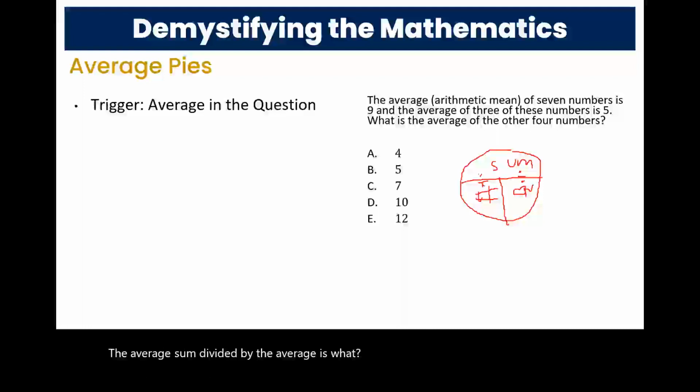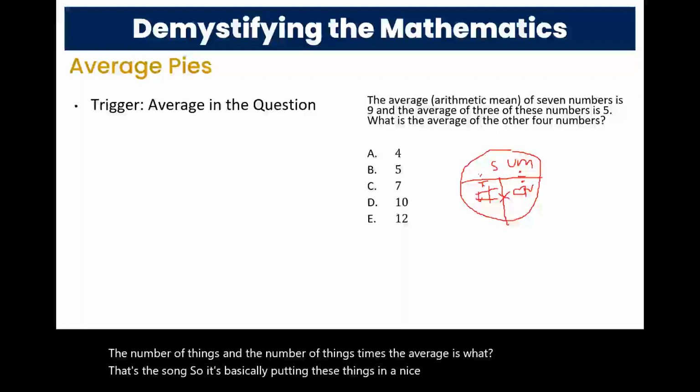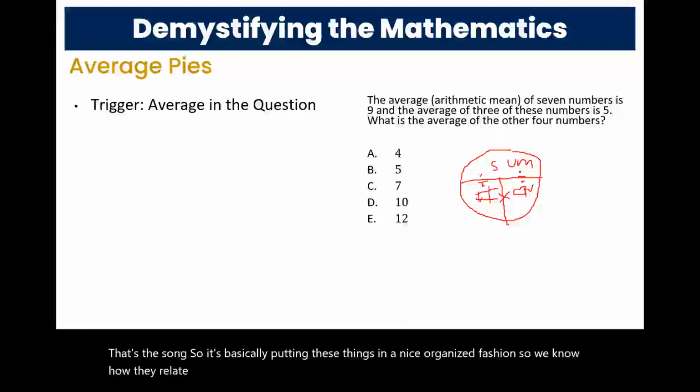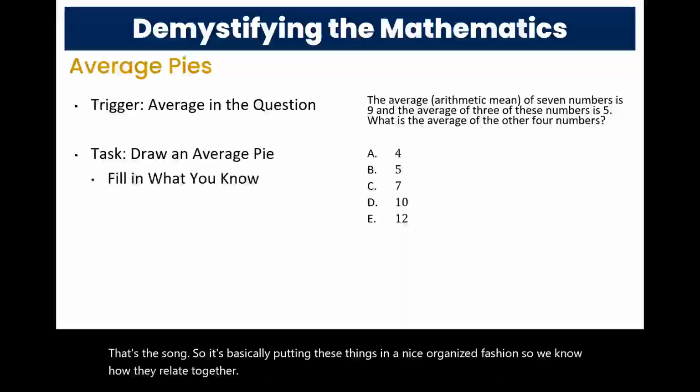The number of things, and the number of things times the average is what? That's the sum. So it's basically putting these things in a nice organized fashion so we know how they relate together. So just start by putting in what you know.